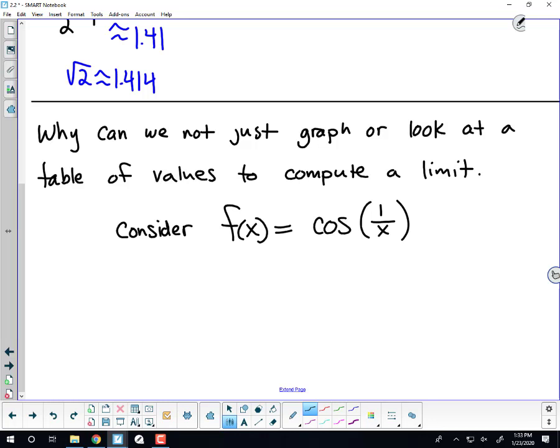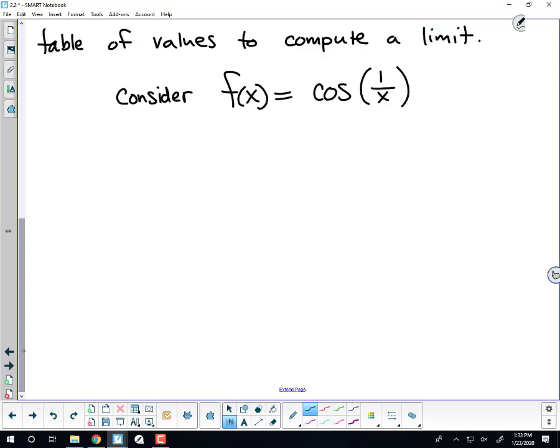So make sure you're in radians from now on. So we're going to look at the function cosine of 1 over x, and the question is, what is the limit as x approaches 0 of this function?